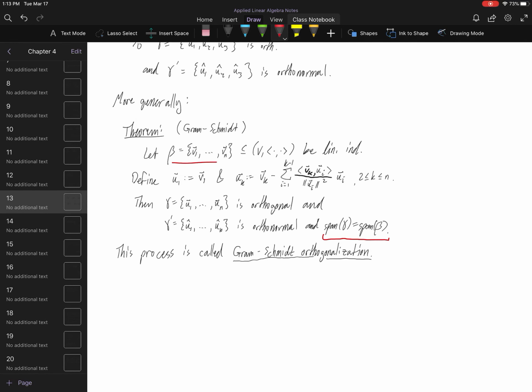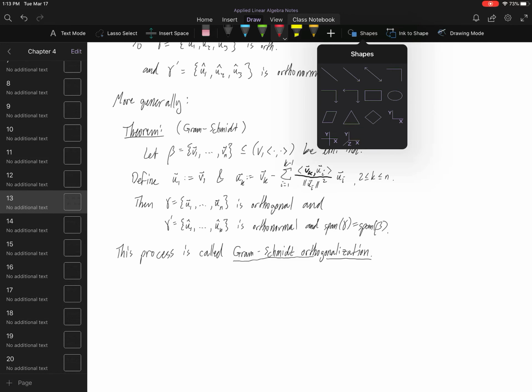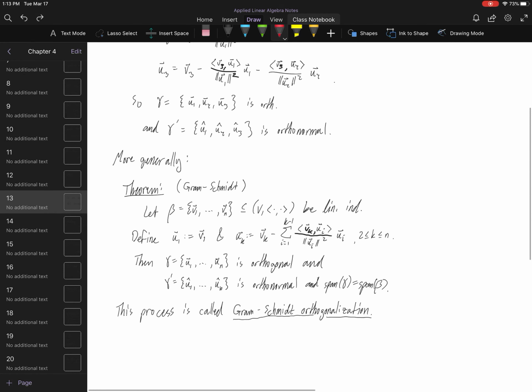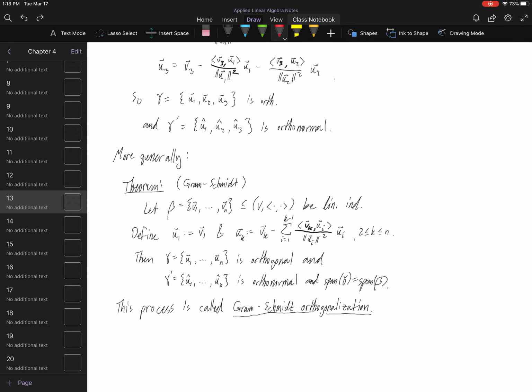And what we're saying is that we're replacing this basis for beta with an orthogonal basis, gamma, for the same span. And this process, this idea of shaving off the appropriate amounts, the right weights at the right times, this algorithm right here is known as the Gram-Schmidt orthogonalization algorithm, or Gram-Schmidt process, if you will.